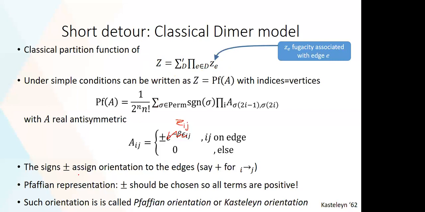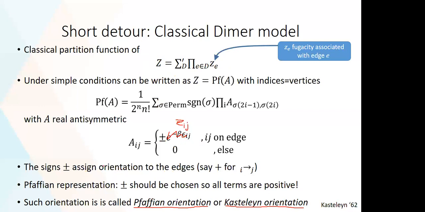An assignment of the plus minus signs in this matrix that gives you all positive is called the Pfaffian orientation, or sometimes Kasteleyn orientation, for the person who noted this relation.